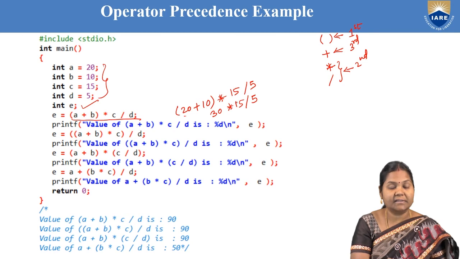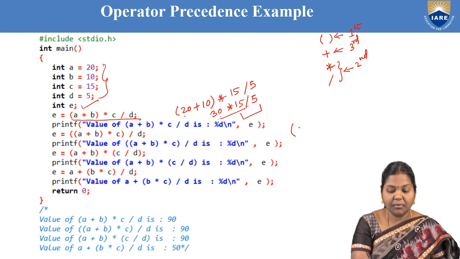It is written like this. Multiplication and division both have the same priority, but they are evaluated from left to right. So, 30 into 15 will be evaluated first, and the output divided by 5 will be done at the end.